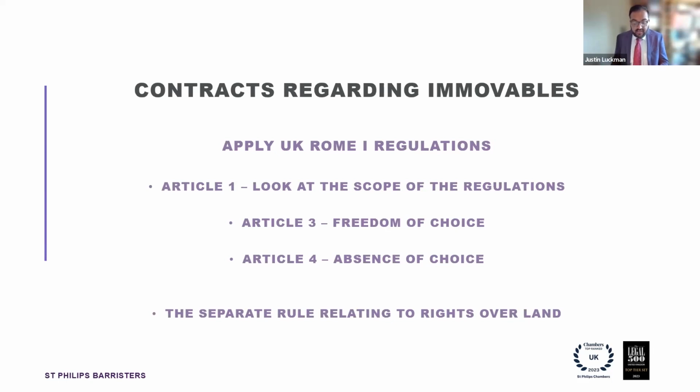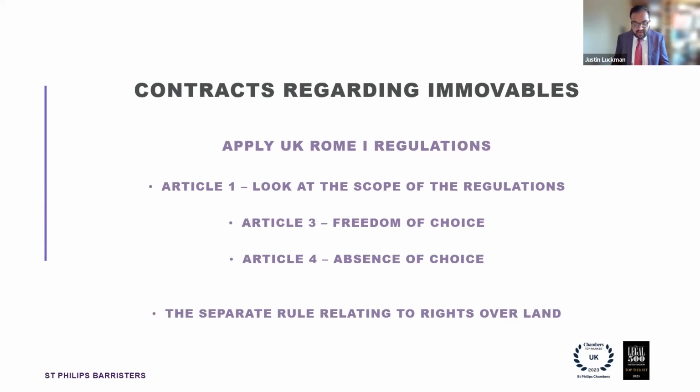There are also, under Article 9, considerations of the overriding mandatory provisions. So there we're talking about any laws which are crucial for a country to safeguard its public interest, for example. Those would override any applicable law that falls under the Rome I Regulation. And also Articles 10 and 11 deal with the material validity or the formal validity of contracts.